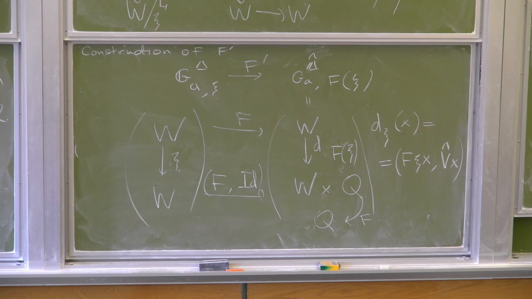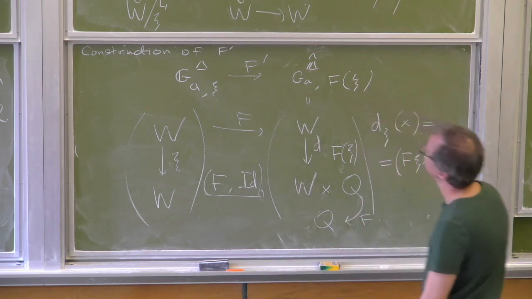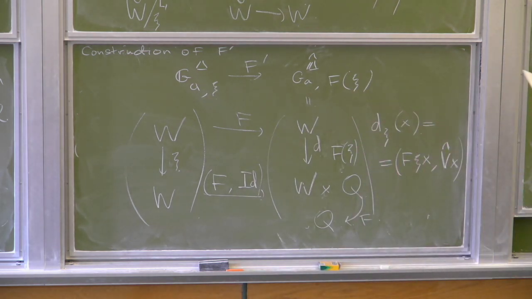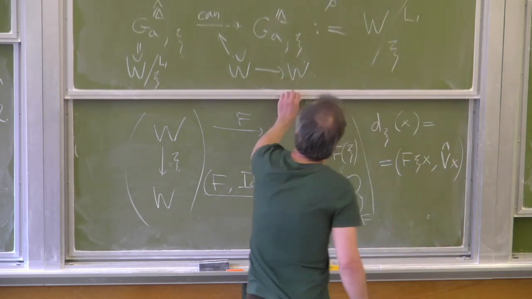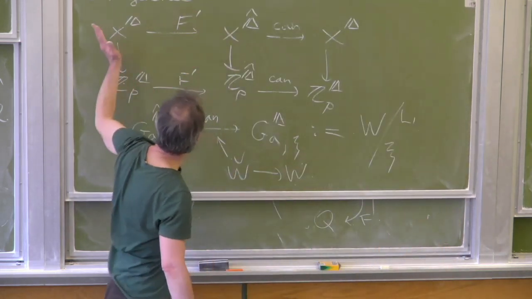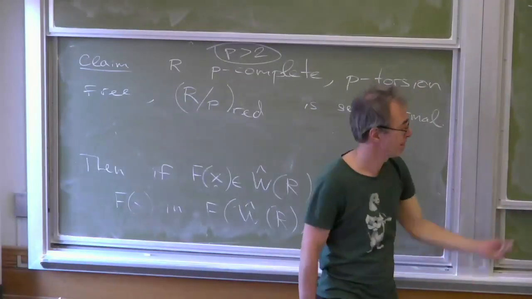Okay, so this gives me this map, and this is a map of fixed steps. So it's enough with my general construction. It's Frobenius and the canonical map. So can you lift this? Sure.